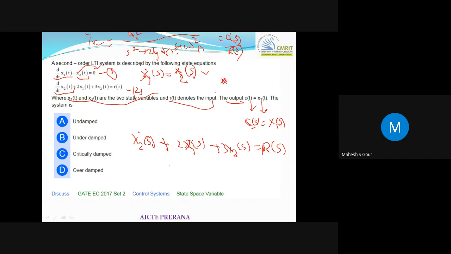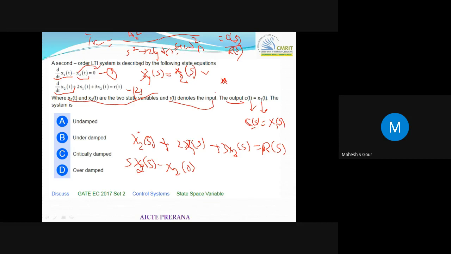So x2 dot of s, how can I write? Okay, before that, I'll do some conversion. x2 dot of s, I can write as s into x2 of s minus x2 of 0. This is the formula I told you to write.